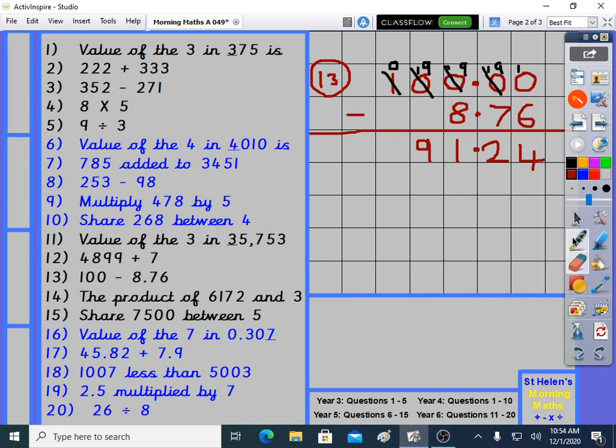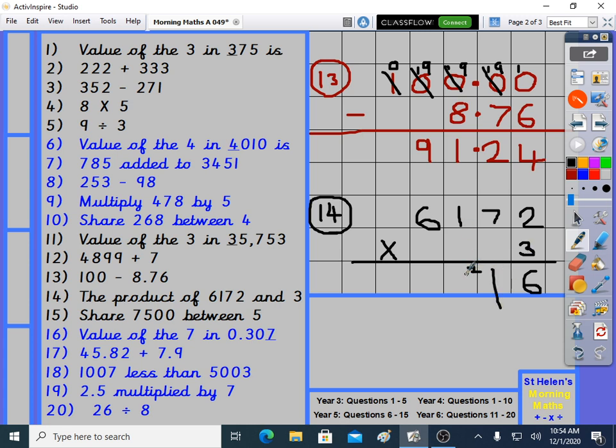Product. Product means times, doesn't it? The product of 6,172 and 3. 6,172 times 3. $18,516.